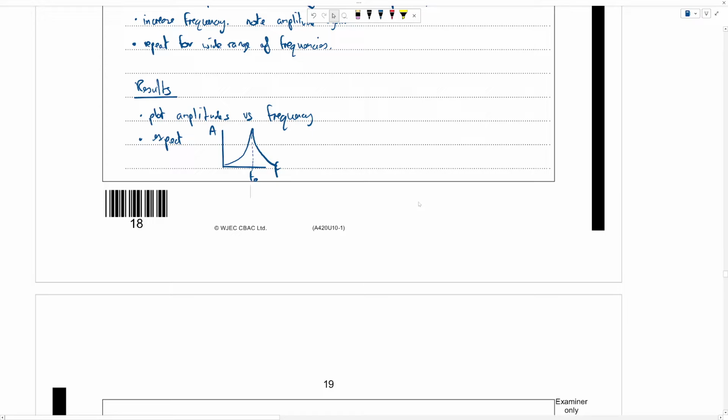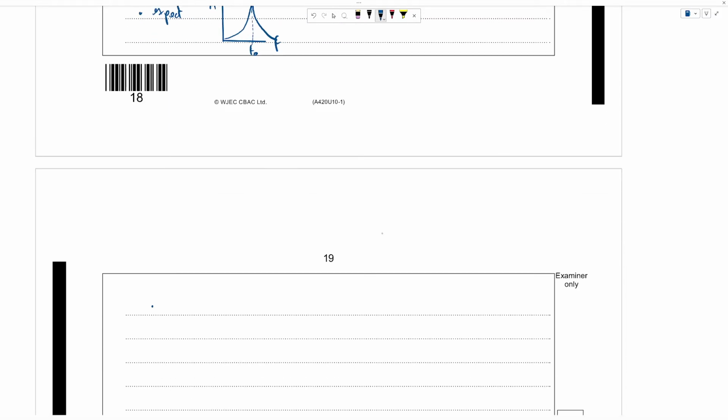then we'd want to add some words, some description of this, the idea that at low frequency we have arbitrarily small amplitude oscillations. At very high frequency we have essentially zero amplitude oscillations. We have a sharp spike in amplitude near F0, and I'd probably want to mention that F0 should match the frequency at which the mass oscillates freely.